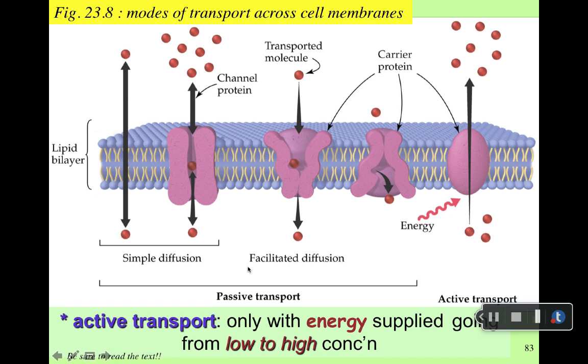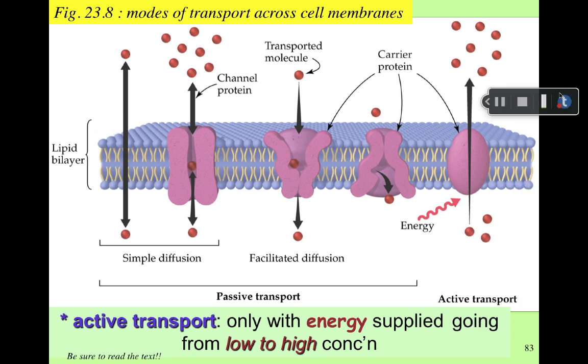The third type of mechanism here is called active transport, because you can only make things go across the membrane in this way with the benefit of energy added. The energy added is going to have to be something like ATP, but active transport will take things from a low concentration area across the membrane and push them to a high concentration area.